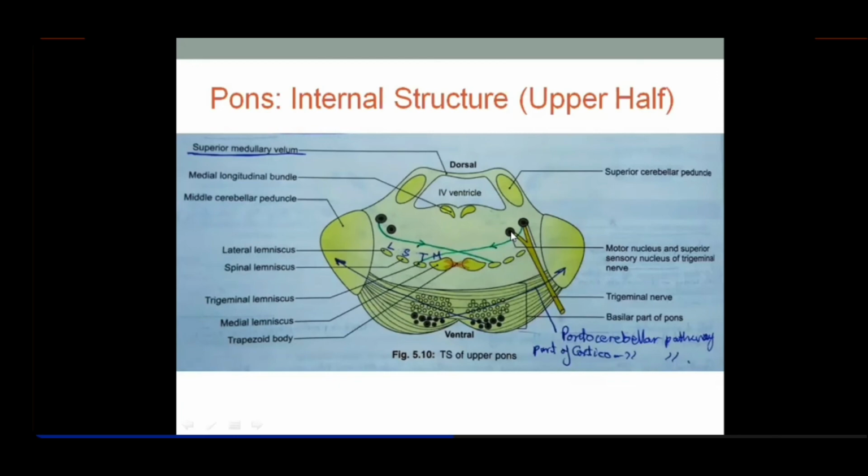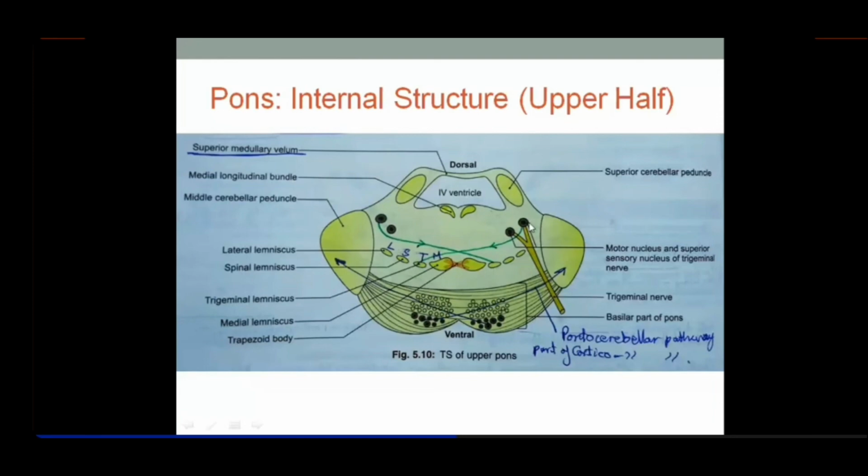Okay, and one more thing to remember is the sensations, all sensations from the face, right? The majority of the area of the face, as well as the intracranial sensations and the deep structures of the face, the sinuses and all, are ultimately reaching into the, this is the general somatic afferent component. So three sensations are brought into this: the spinal, the superior nucleus, and the mesencephalic nucleus of the trigeminal.